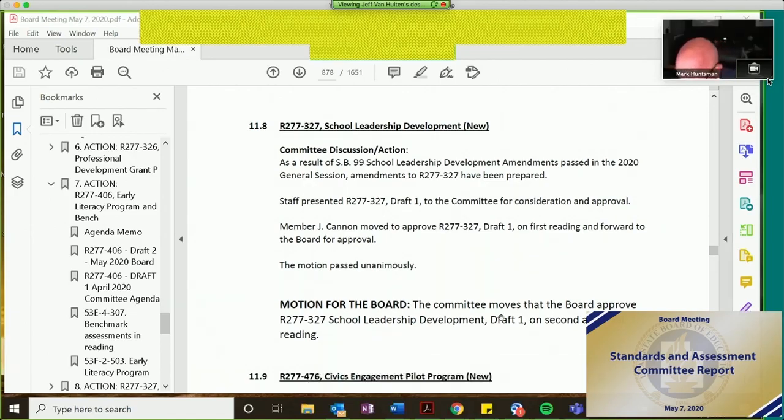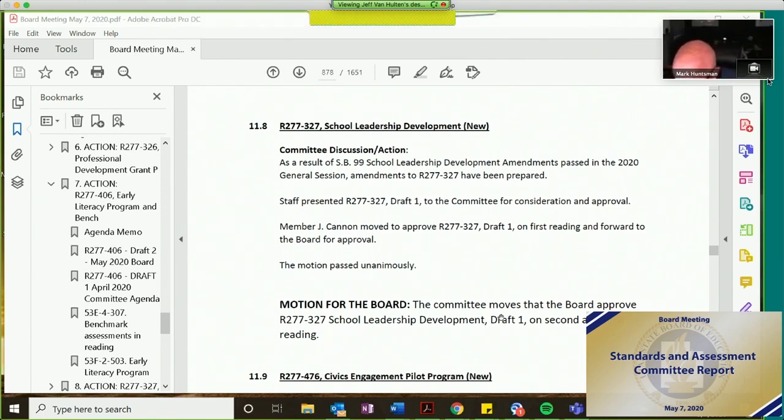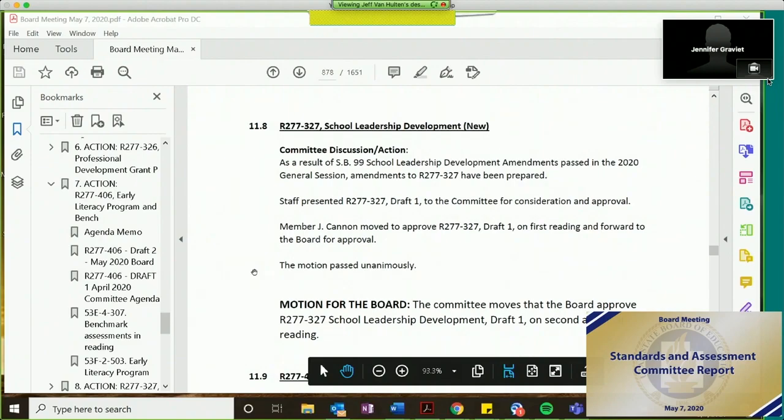Member Bolter, Yes. Member Cannon, Aye. Vice Chair Cummins, Yes. Member Davis, Yes. Member Earl, Yes. Chair Gravitt, Yes. Member Hanson, Aye. Member Haynes, Aye.